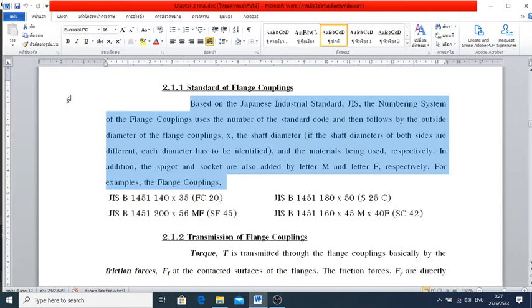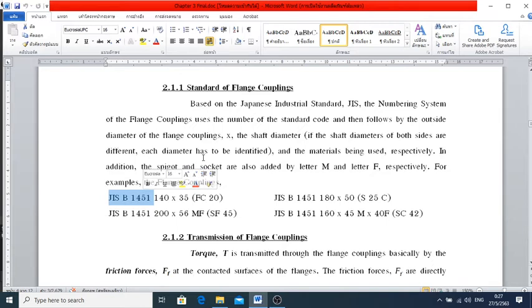For example, the first one there, JASB1451, things like that, is going to be the code of the Japanese standards of the flange coupling. 140 here means the flange diameter, the coupling diameter is going to be 140 and the shaft diameter of 35. The material being used for this is going to be FC20, the Japanese steel.